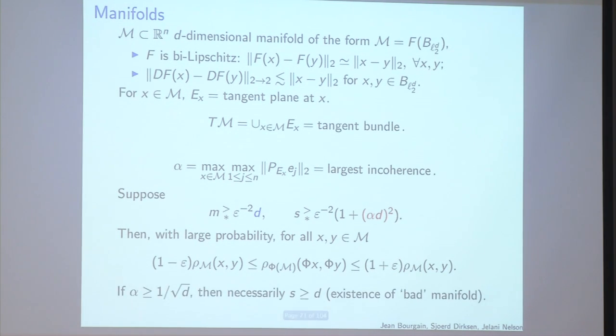And this result is in a sense optimal: if alpha, this incoherence parameter, is relatively large, then you can construct a bad manifold that shows that you cannot sparsify the matrix in general.